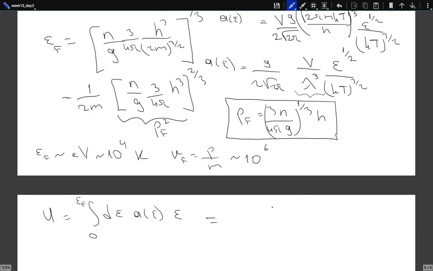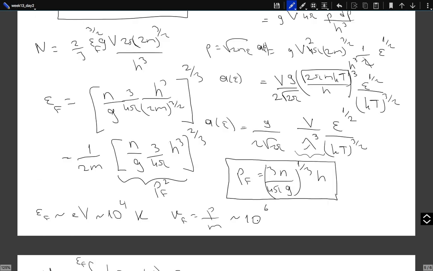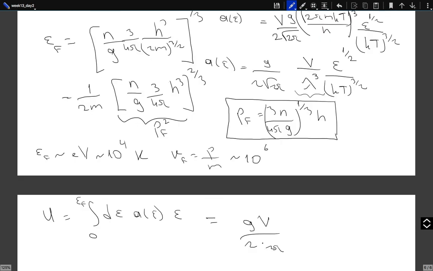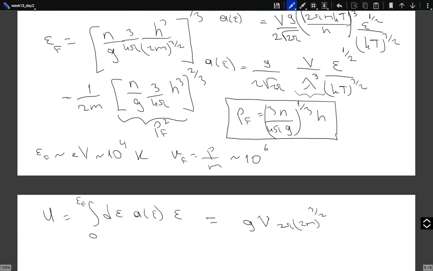This is equal to G times V times 2 pi times 2m to the 3 half, and epsilon to the 1 half times epsilon from 0 to epsilon Fermi.